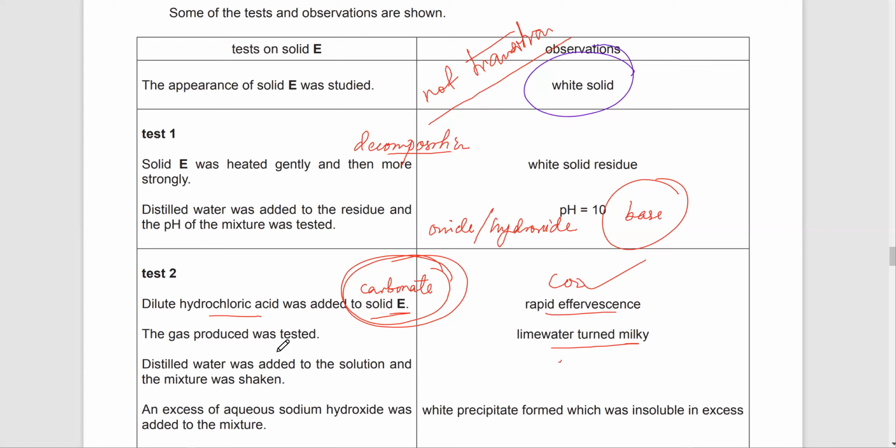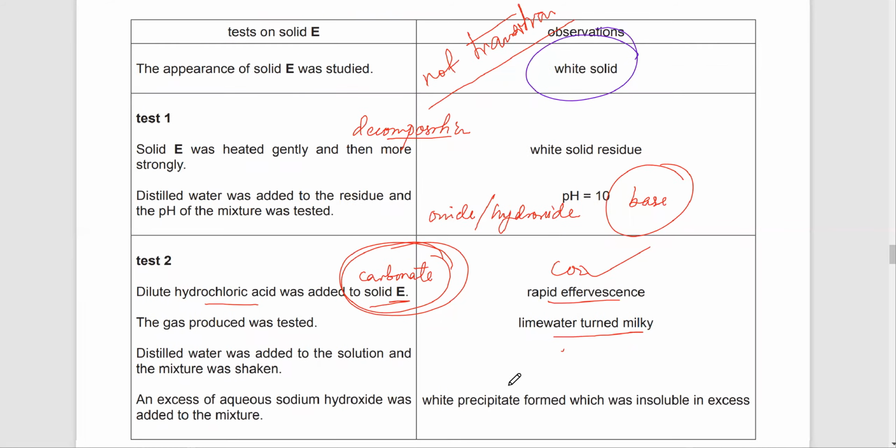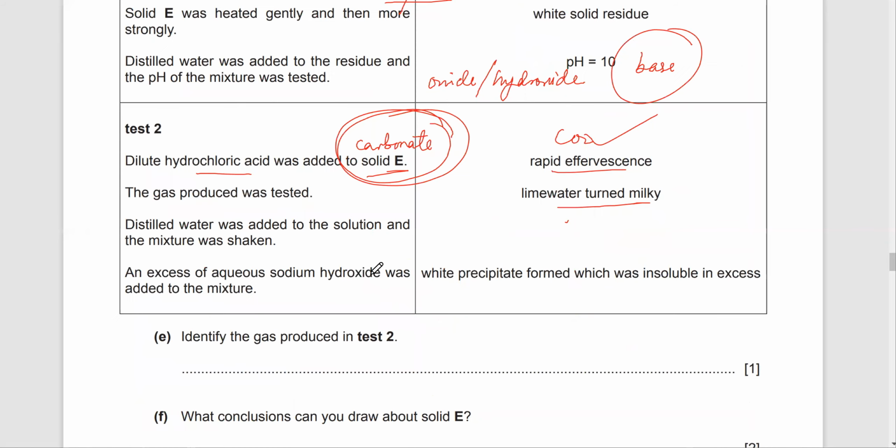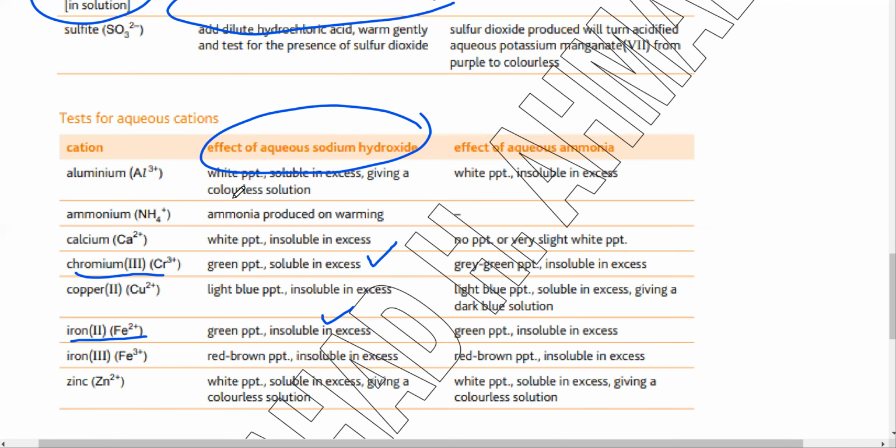Here distilled water was added and the mixture was shaken, and NaOH was added and a white precipitate was formed which was insoluble. So now he's adding NaOH. Now look at the NaOH test. What happens when you add NaOH and you get a white precipitate which is insoluble? It can't be aluminium because that's soluble. It can't be zinc because that's also soluble. So the only one that's insoluble is this one.